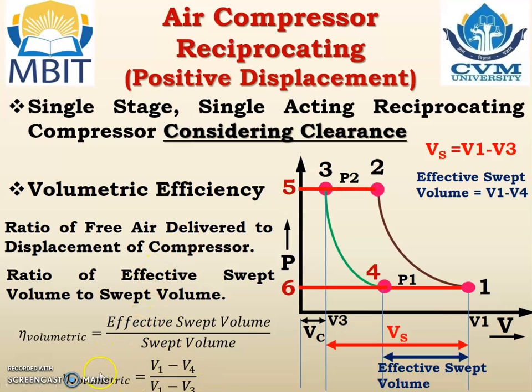Here in this case, effective swept volume is V1 minus V4 and theoretically it is V1 minus V3. So V1 minus V4 divided by V1 minus V3 is known as the volumetric efficiency. And volumetric efficiency for this case is always less than 1. Generally it is in the range of 60 to 80%.